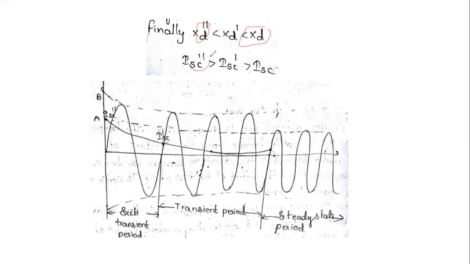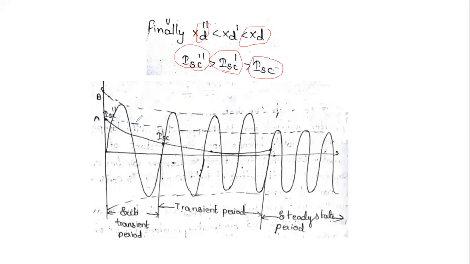Similarly, the short circuit current ISC double dash is greater than ISC dash, which is greater than ISC. These currents are obtained due to the subtransient reactance, the transient reactance and the synchronous reactance respectively. This will be observed in the transient state condition.